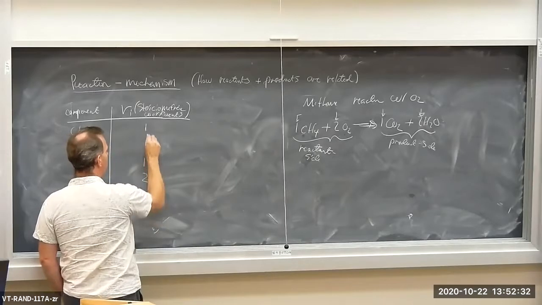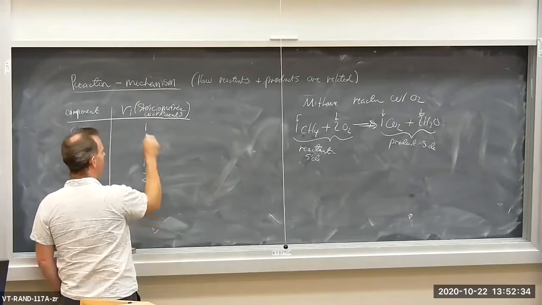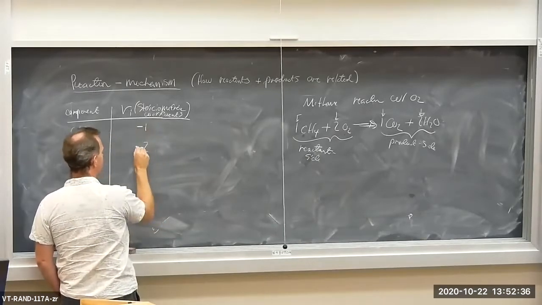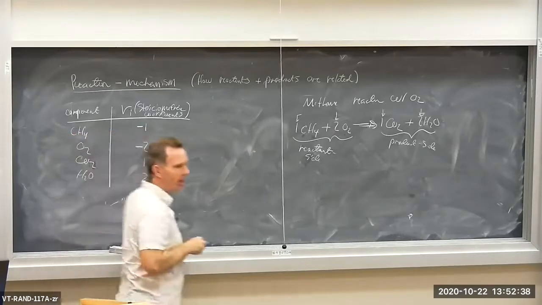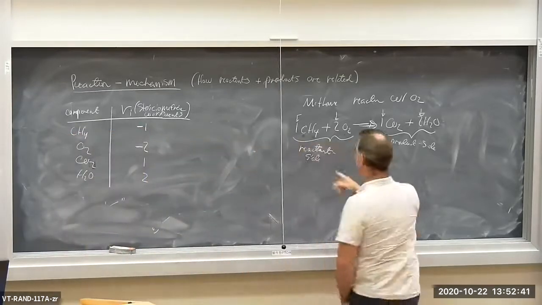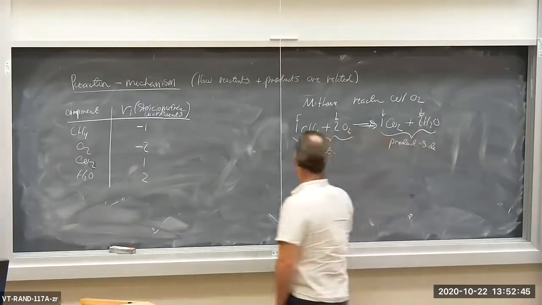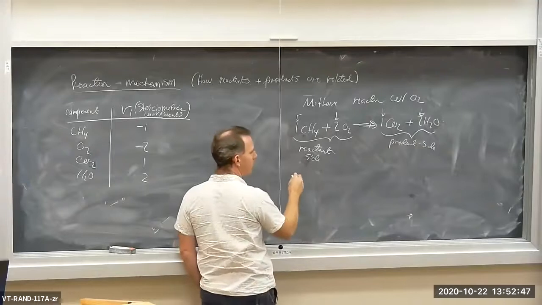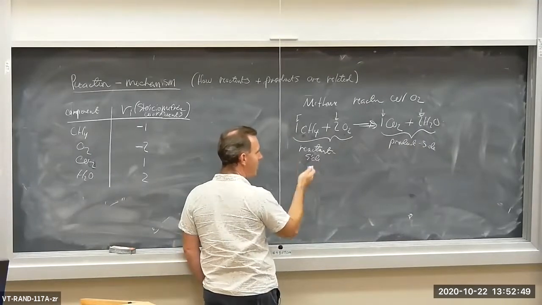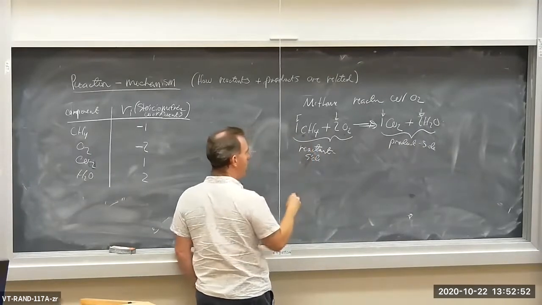I'm going to put a 1 and a 2, but I'm also going to put a negative sign. Negative sign in front of the reactant side stoichiometric coefficients. So on the reactant side, these stoichiometric coefficients are negative, and on the product side, they are positive.